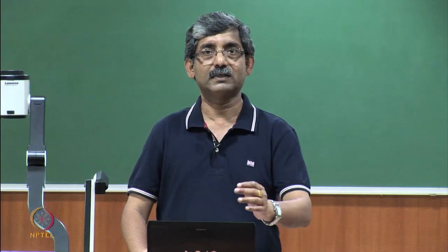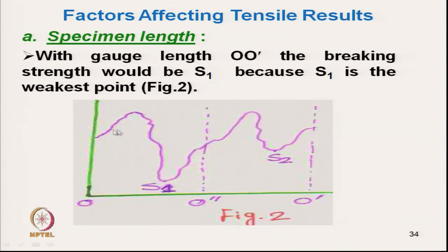Now, in this example, if we take the two segments S1 and S2, with the first portion giving result S1 and the second portion giving result S2, then the mean will be S1 plus S2 by 2.